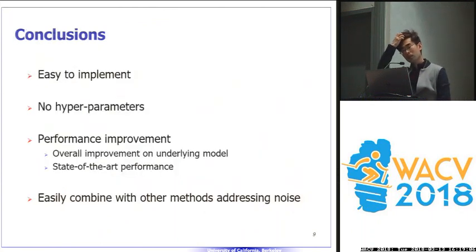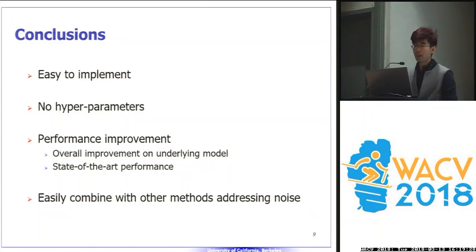And in conclusion, our method is pretty easy to implement. A good advantage of our method is that there are no hyperparameters you need to tune, so you don't have to spend a lot of time tuning hyperparameters. And the most important thing is we improve the performance a lot.